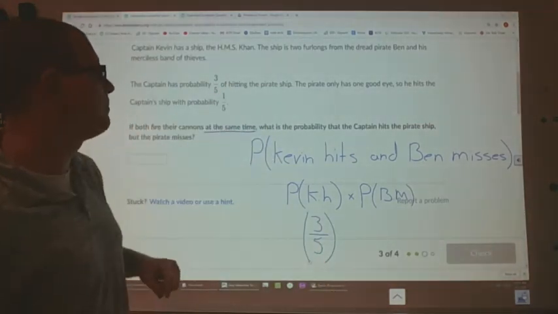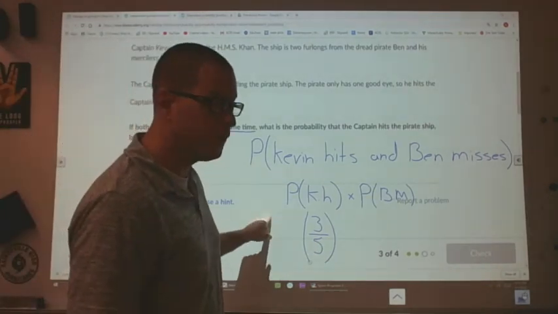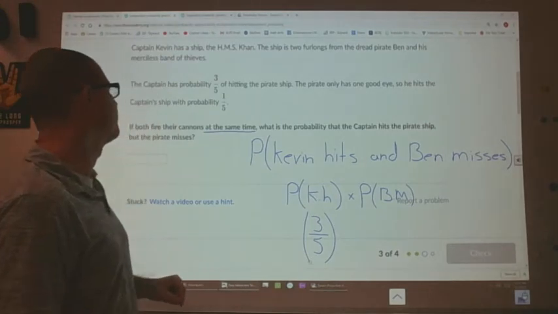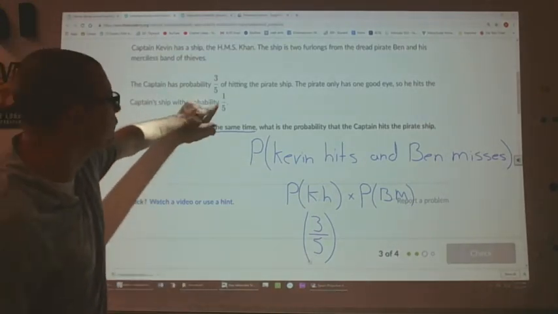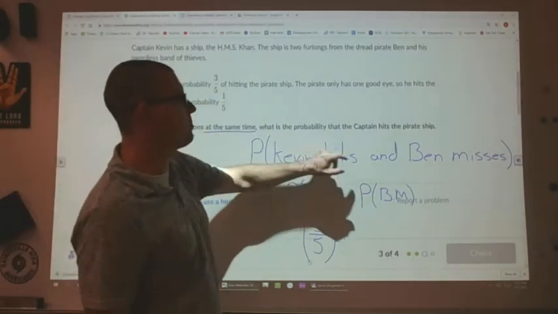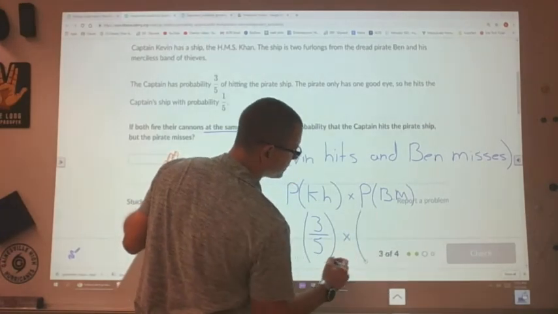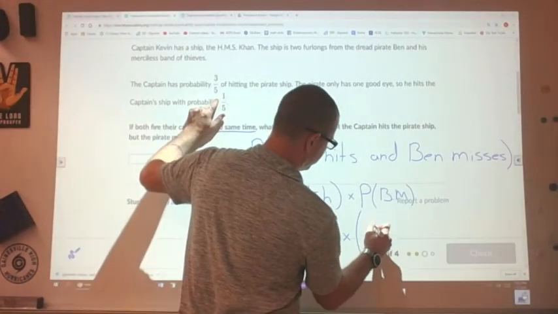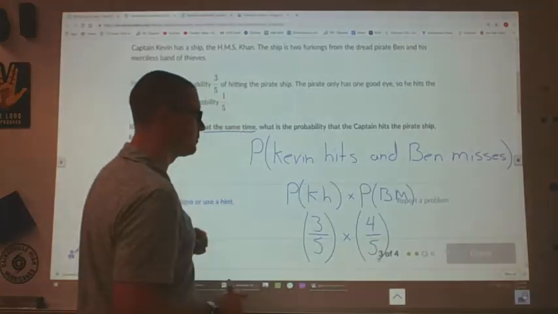Although if he hits the pirate ship 3/5 of the time, he will miss 2/5 of the time. The pirate has a probability of 1/5 of hitting the ship. But we want to know the probability that he misses. The probability that Pirate Ben will miss is 4/5. So then we would just multiply those together.